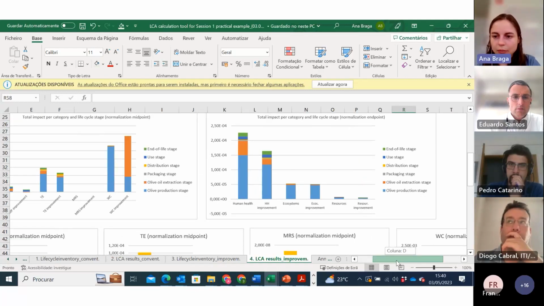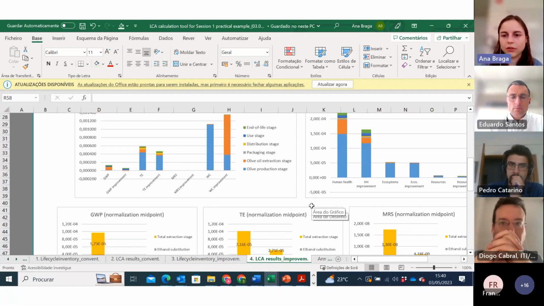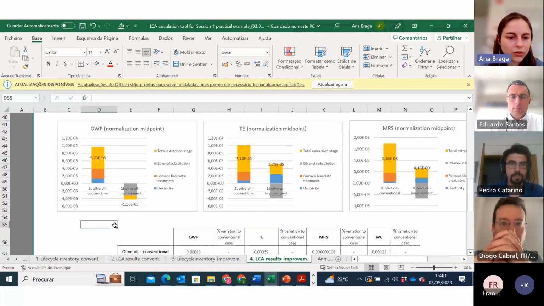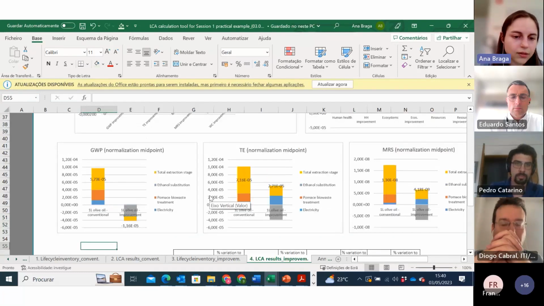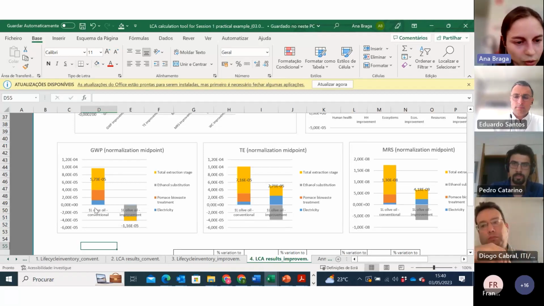And we have also the same distribution here for the endpoint categories. Here in ecosystems, we don't have a lot of changes, but we have it in human health.